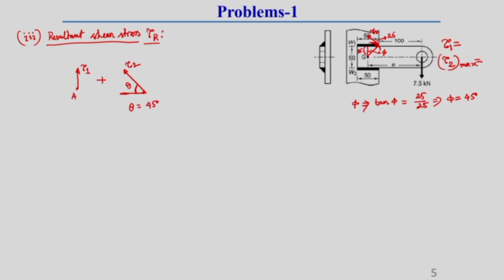Now, what I am doing here, this tau 2 max, I am distributing in vertical and horizontal direction.